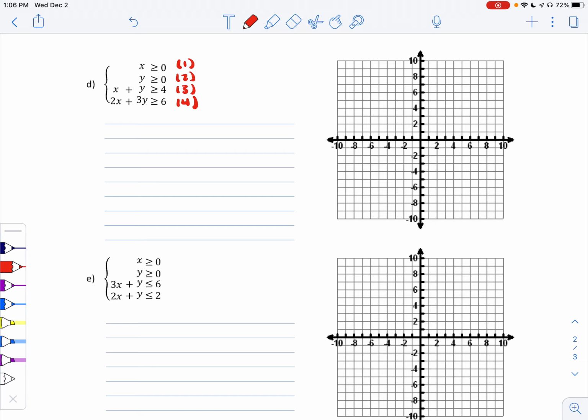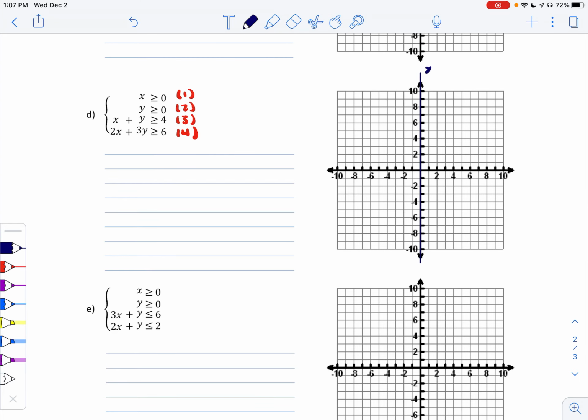x equals 0. Well, you guys hopefully remember that the equation x equals 0 is just a vertical line at the y-axis. So this first graph would just be that vertical line on the y-axis at x equals 0. Okay, and it's a greater than or equal to, so we're leaving it as a solid line.